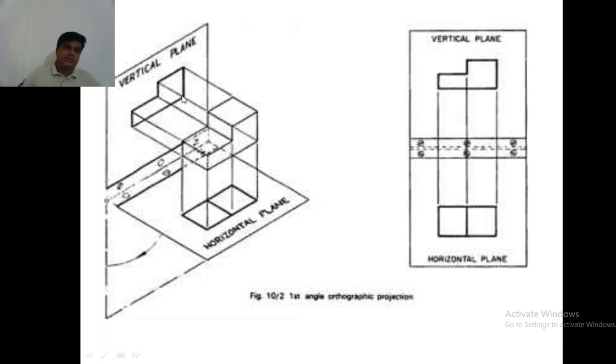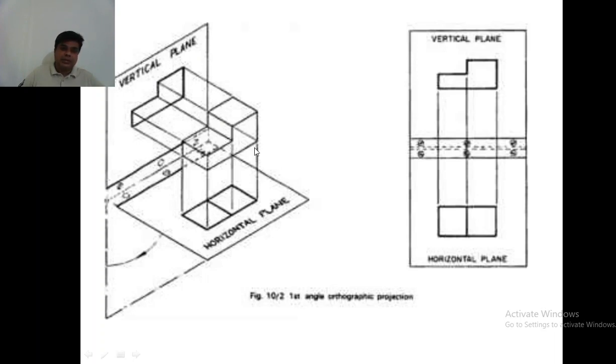In this case, the plane of projection is a vertical plane. So this is called the front view. Whatever shape of the object you can see here is called the front view. So in first angle projection, the front view will be on the vertical plane, and the object will be in front of the vertical plane.